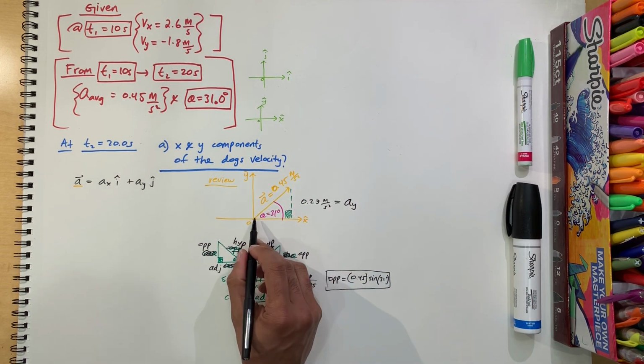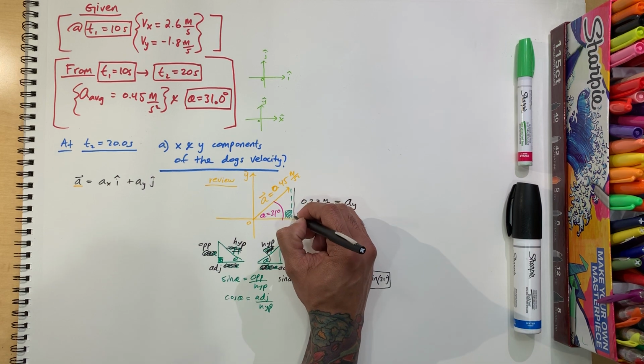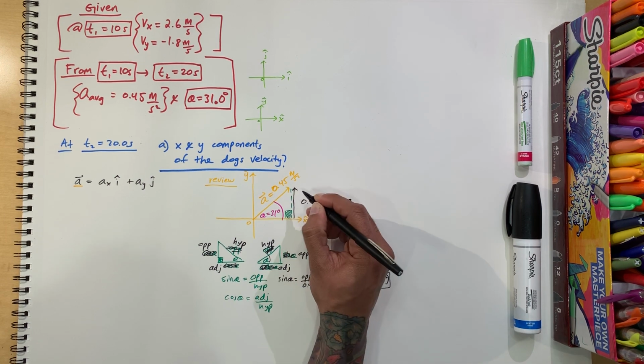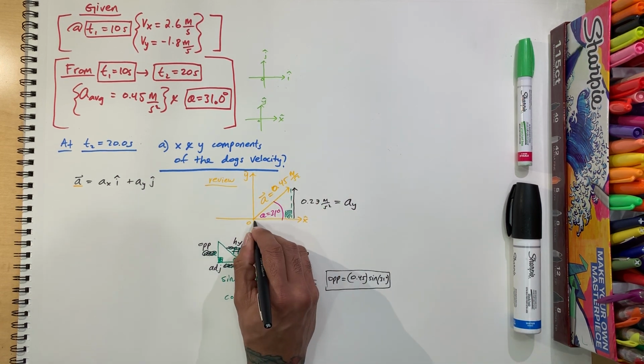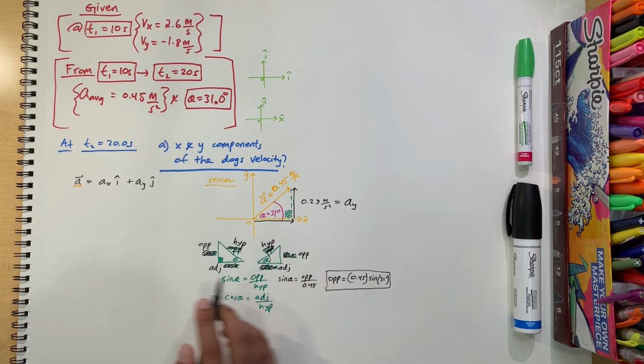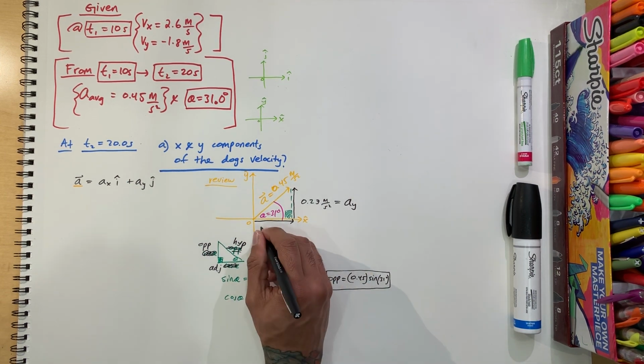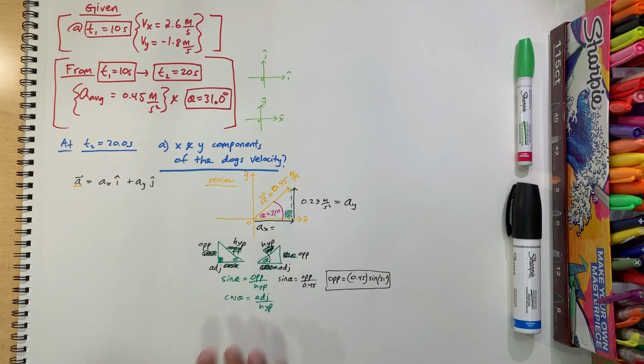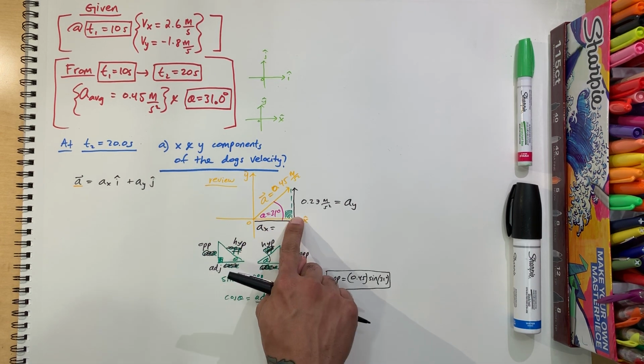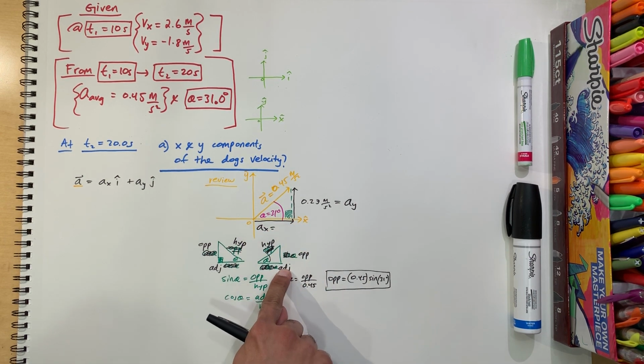All right, so we got this piece here, and the arrow's pointing up, and now I want this piece here. So this is A in the X direction. We're going to need this bottom line here, which is going to be our adjacent.